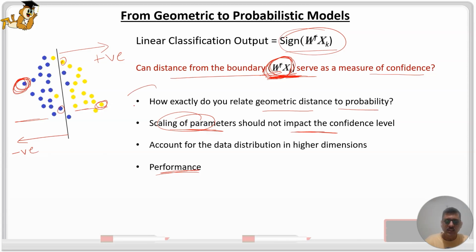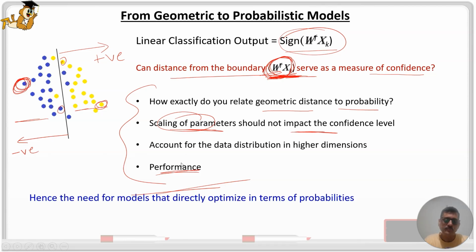So these are the reasons that encourage us to think of different models based on probabilities, rather than using traditional models and mapping geometric distance to probabilities. Right? So hence the need for models that directly optimize in terms of probabilities.